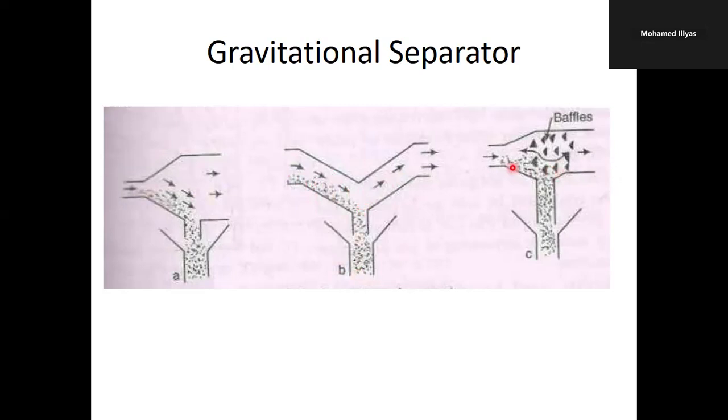In the case of a mechanical separator type, we'll use baffles. We cause a pressure drop in the flow so that the dust will be collected along with the ash and disposed of. This is a very simple type of mechanical, gravitational separator.